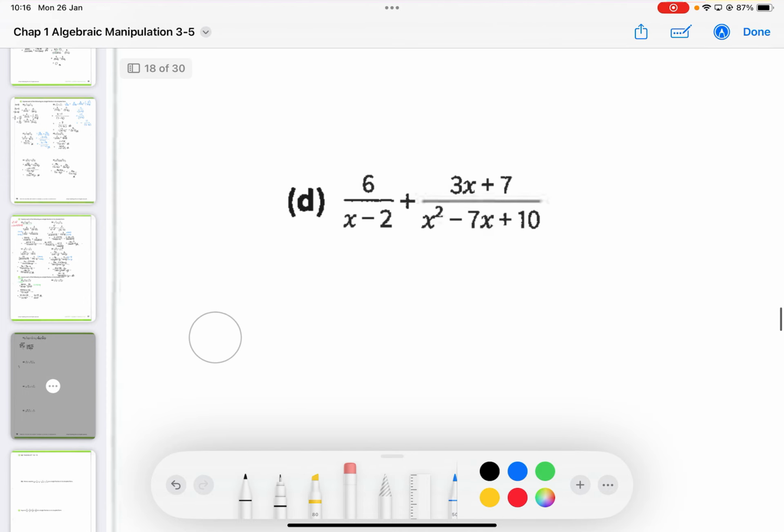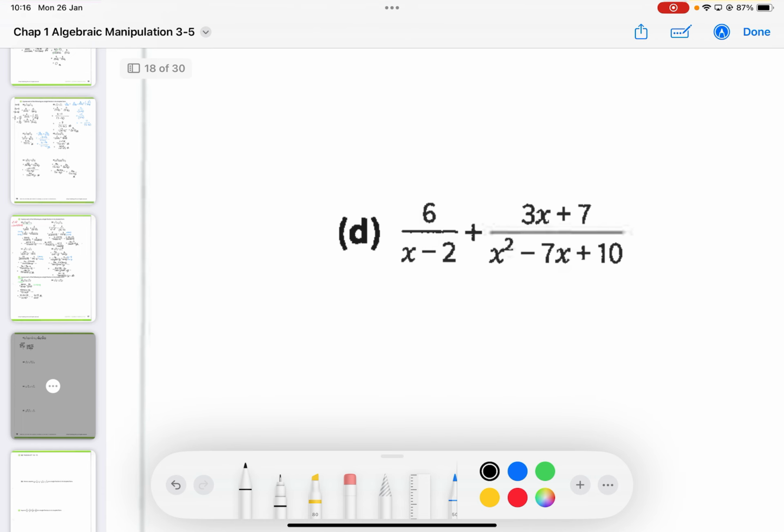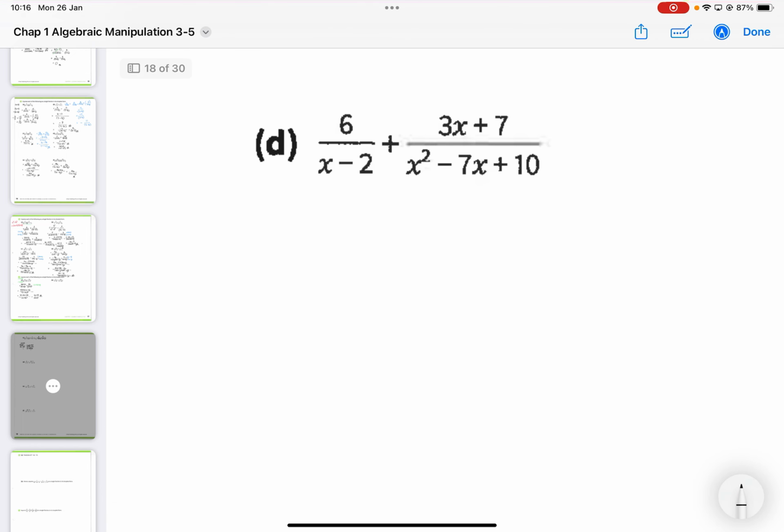Okay, when I'm looking at this question, I always start by, this is a fraction plus a fraction. So I go and bracket my denominator together.